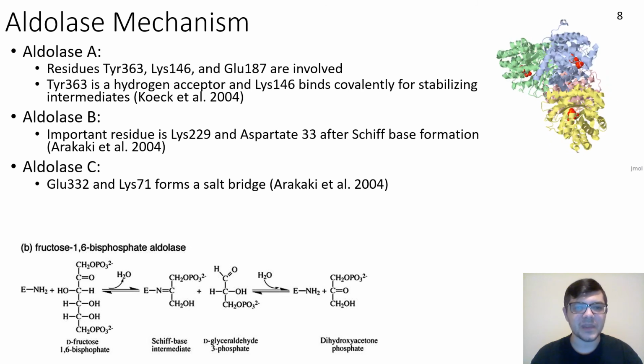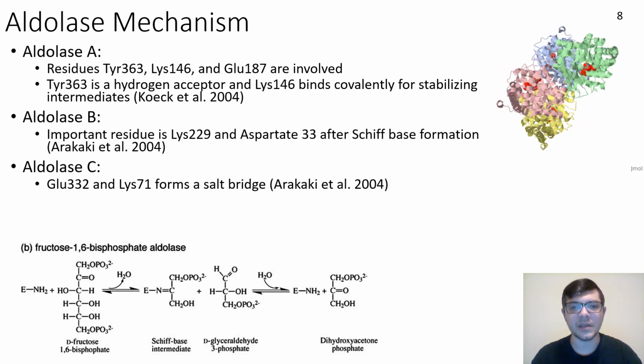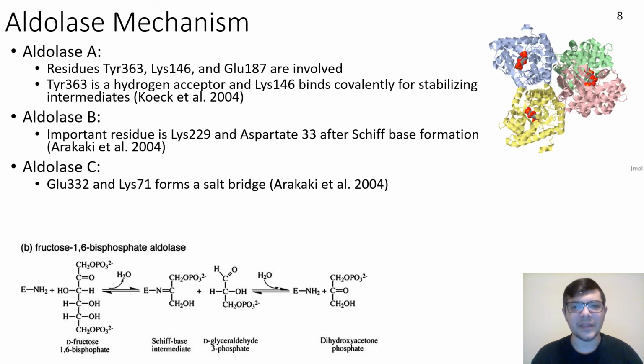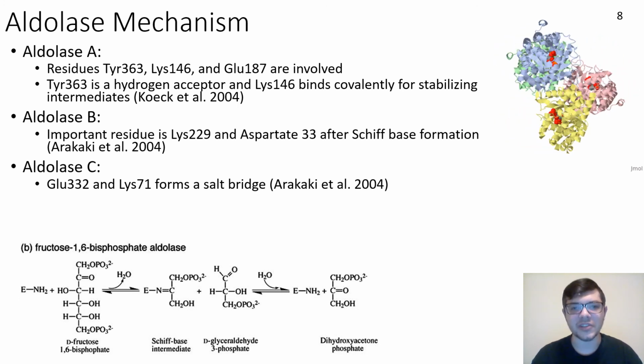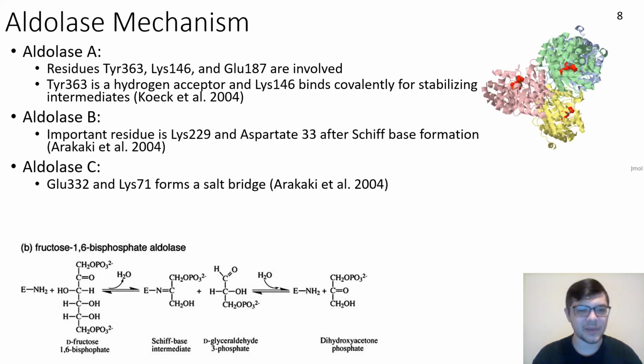Aldolase B, the important residues are lysine 229 and aspartate 33. And there is something called a Schiff base formation that happens as an intermediary step, and that is the picture on the bottom I have shown.